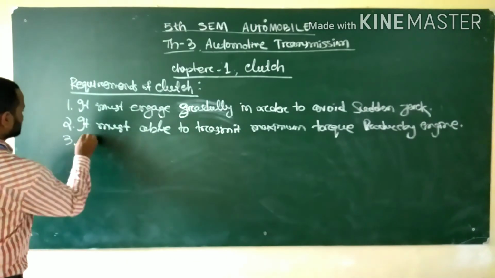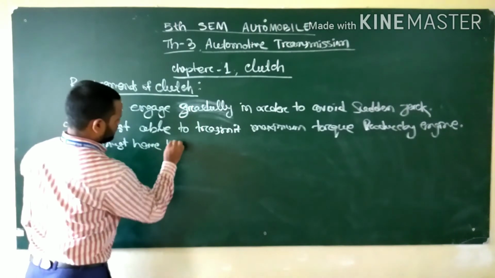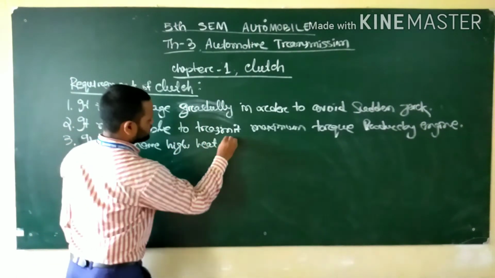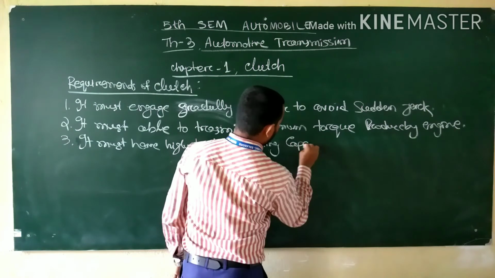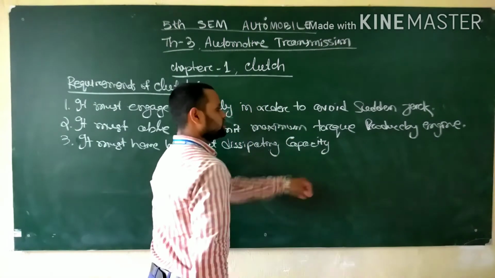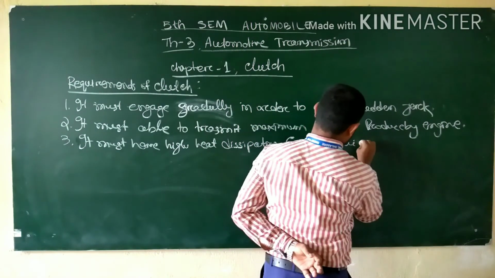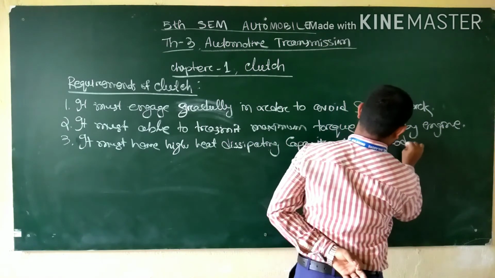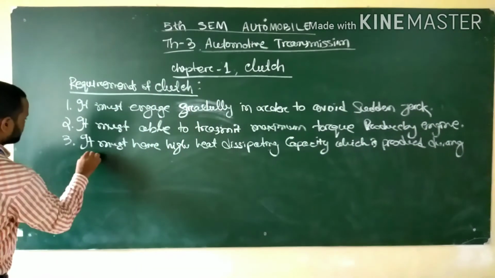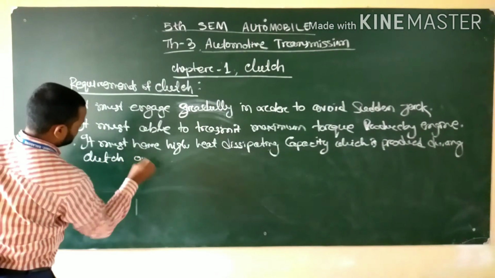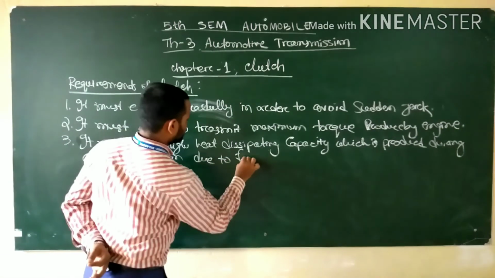Number 3, it must have high heat dissipating capacity, which is produced during clutch operation due to friction.